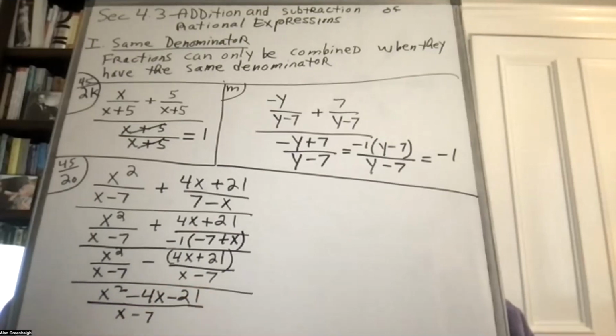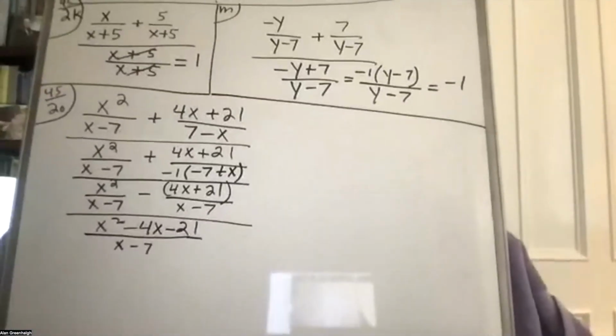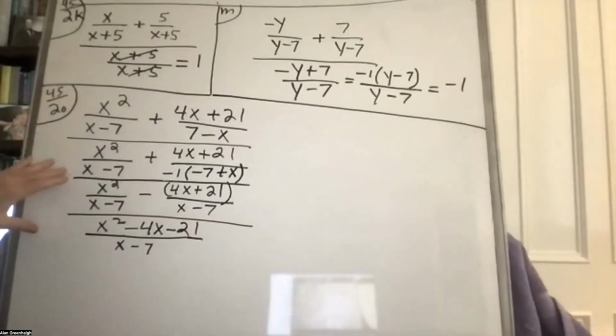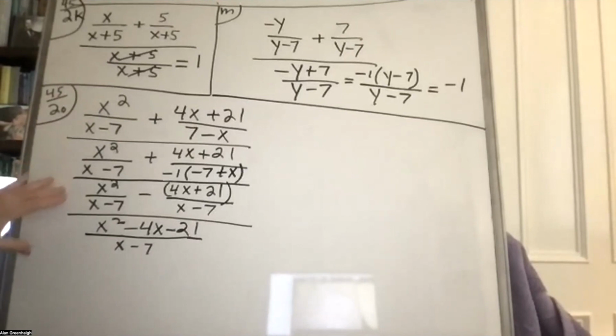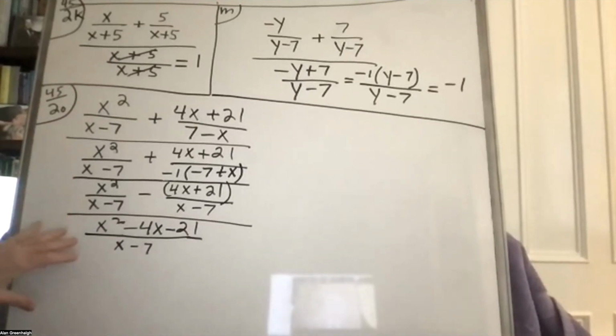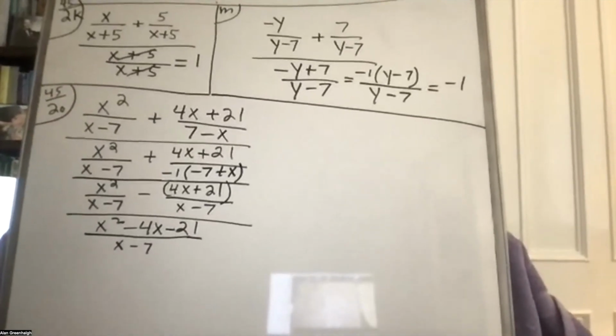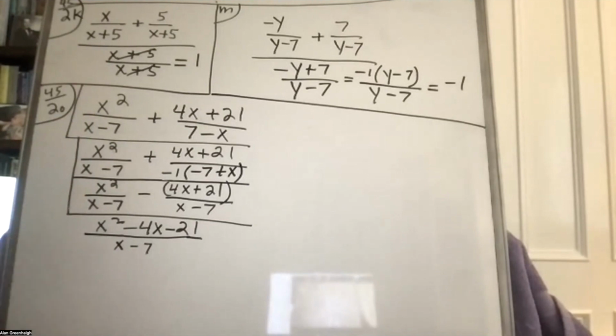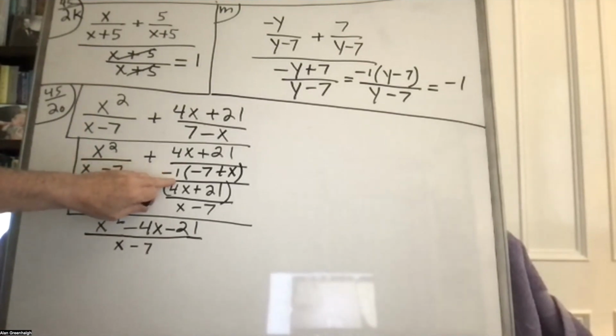Okay, make sure that that's clear to you, how we went from here to here to here to here. This is where we are right now. This was step one. This was what we were given. This is step one, which is factoring out the negative one.